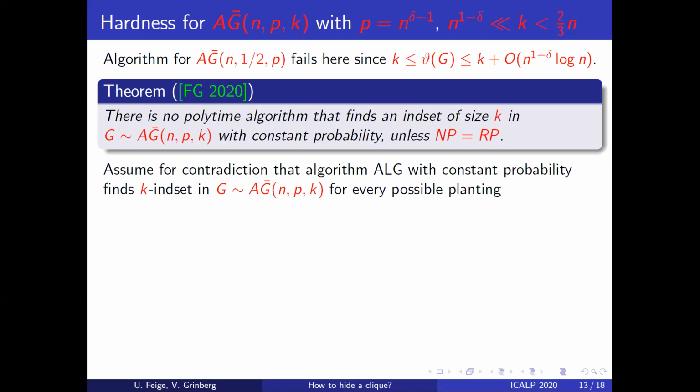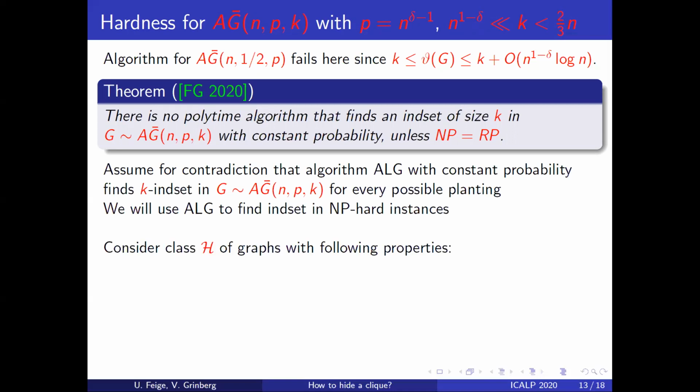Assume for contradiction that we have an algorithm ALG that finds a k-independent set in G with constant probability for every adversarial strategy. We'll use ALG to solve hard instances of the max independent set problem. We now introduce a class calligraphic H of graphs that we will use in our hardness proofs. Graphs from this class shall have the following three properties. Solving max independent set on graphs from H is NP-hard.